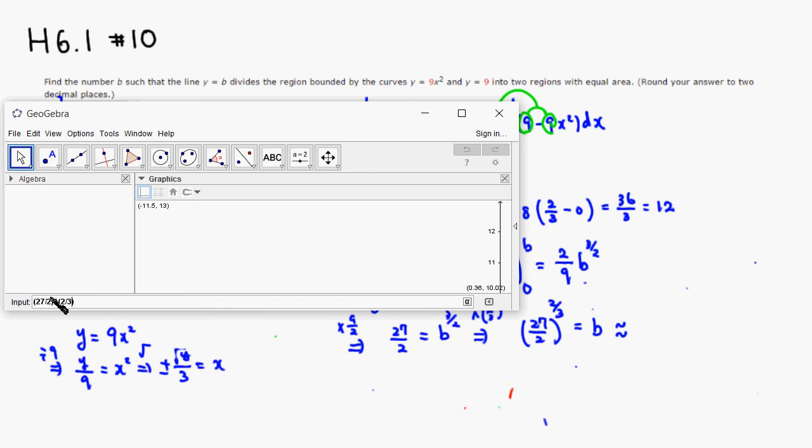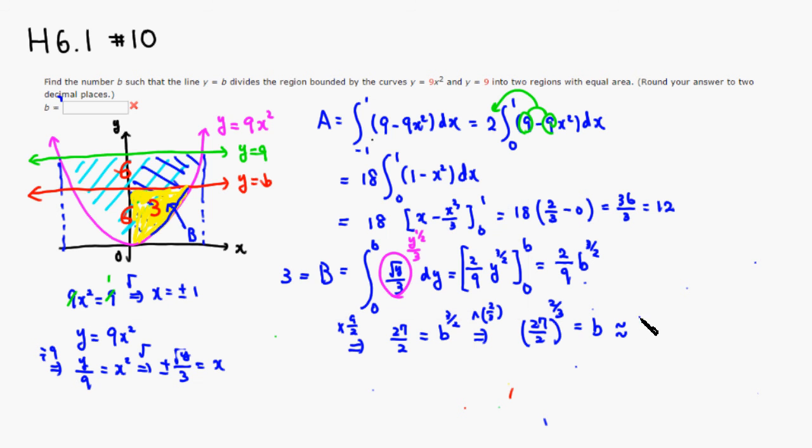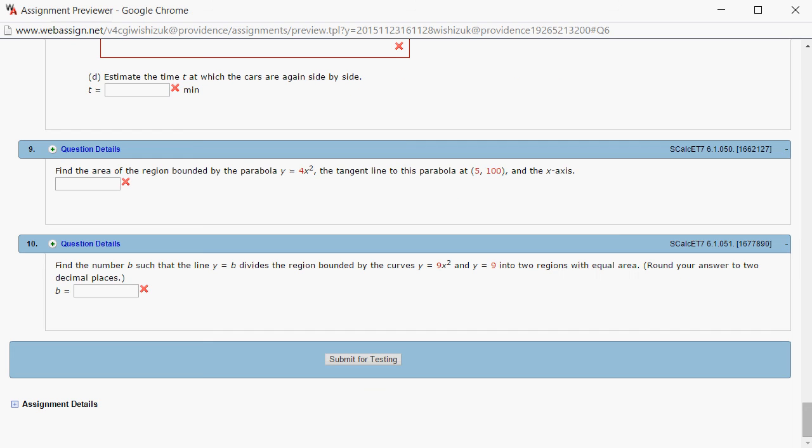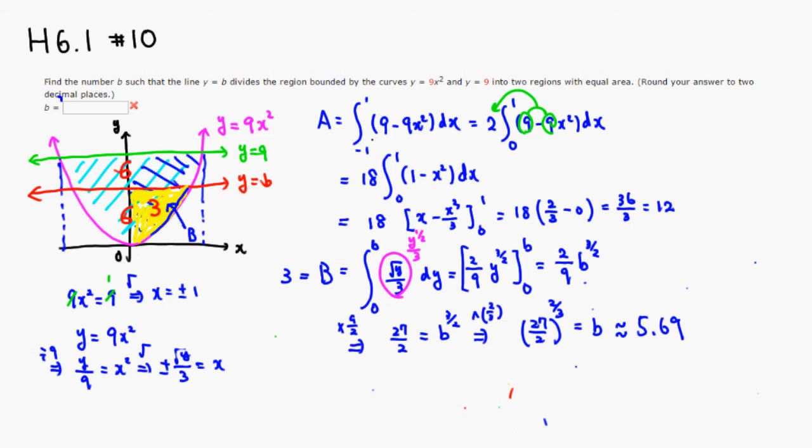What's that value? It's 5.67, so it's about 5.67. Let's type it in: 5.67. Submit for testing. It came back and looks like we got this one correctly. That's it. I hope that this was clear.